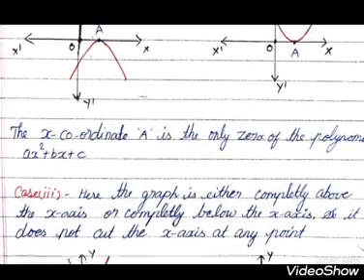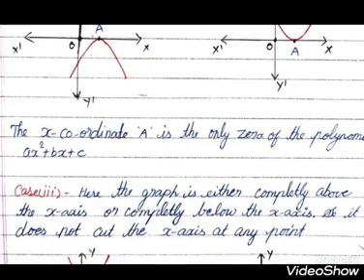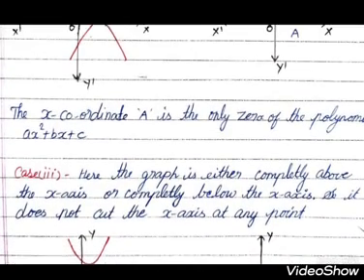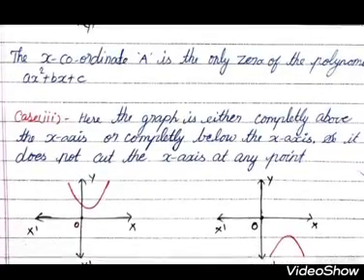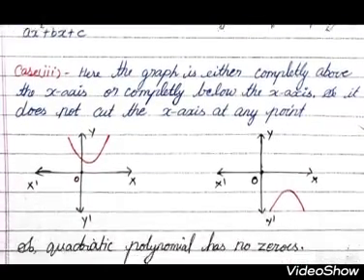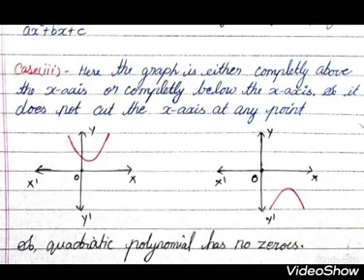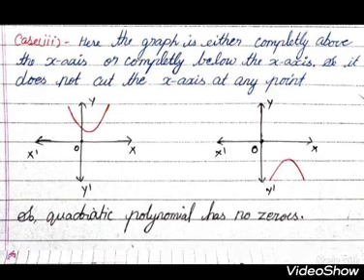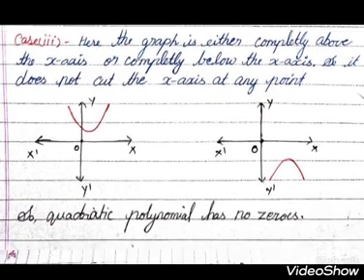Here the graph is either completely above the x-axis or completely below the x-axis. What is the meaning? It doesn't intersect the x-axis at any point. An open upward curve is above the x-axis, and an open downward curve is below the x-axis. There is no point where it can intersect the x-axis, so the quadratic polynomial has no zeros.